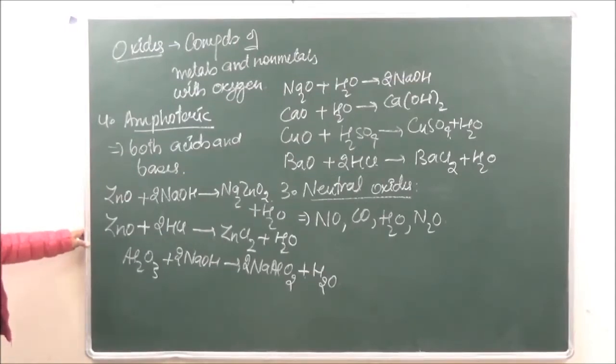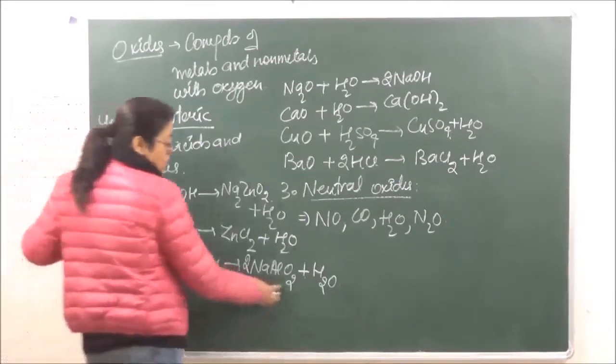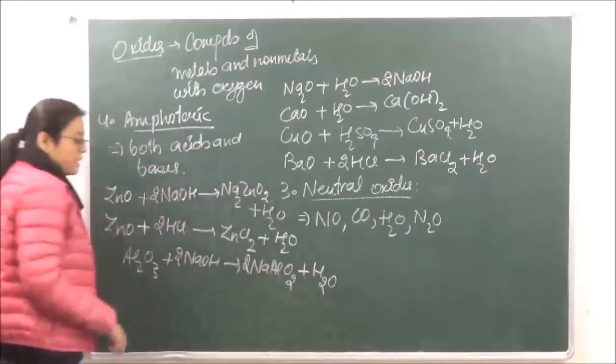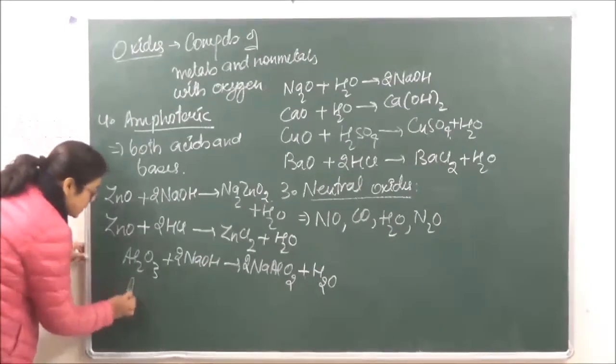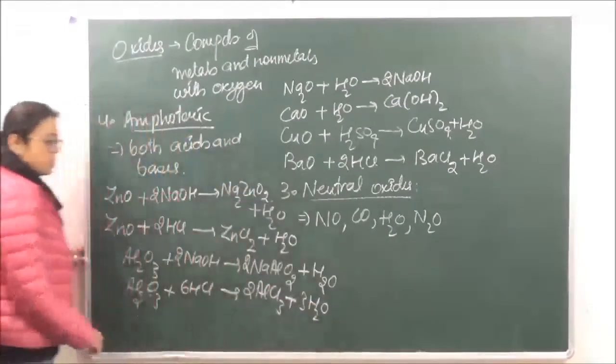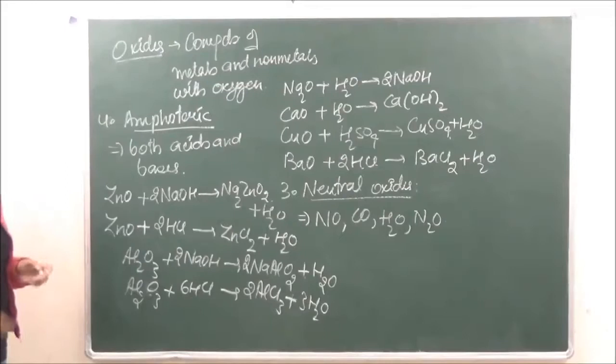One oxygen is less, no? No, it is balanced. There are 5 oxygens here and 5 oxygens on this side. So it is going to give us sodium aluminate plus water. Then if it is reacting with an acid, again it is giving us salt plus water.